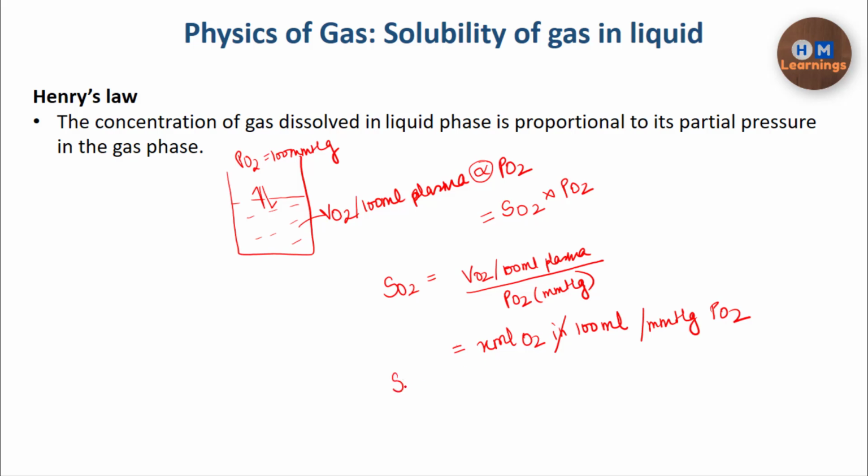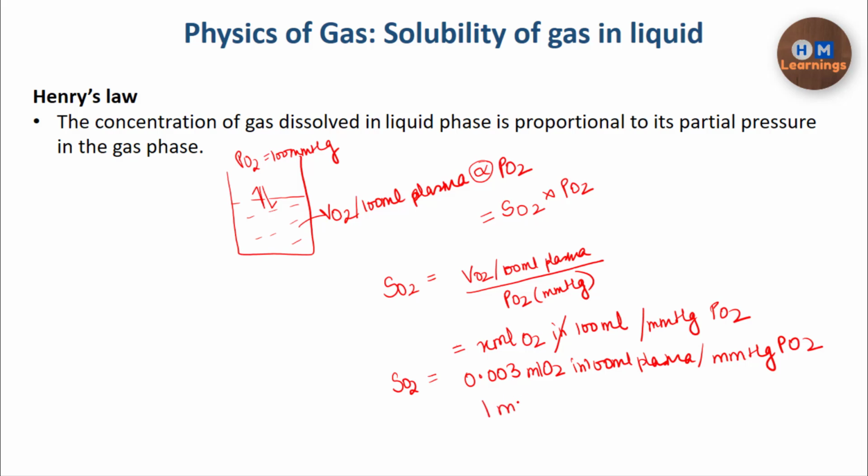The solubility coefficient of oxygen is equal to 0.003 ml of oxygen dissolved in 100 ml of plasma when the atmospheric PO2 is 1 mmHg. So if there is 1 mmHg of PO2 in the atmosphere, the amount of oxygen dissolved in the arterial plasma will be equal to 0.003 ml in 100 ml of the plasma.